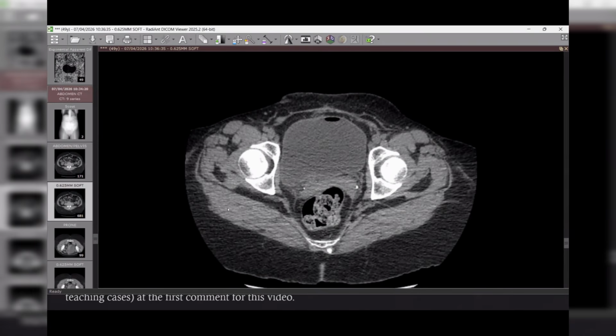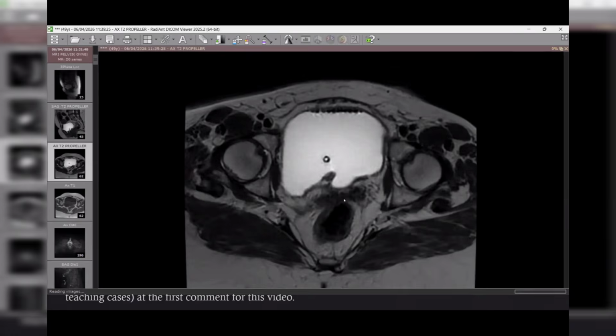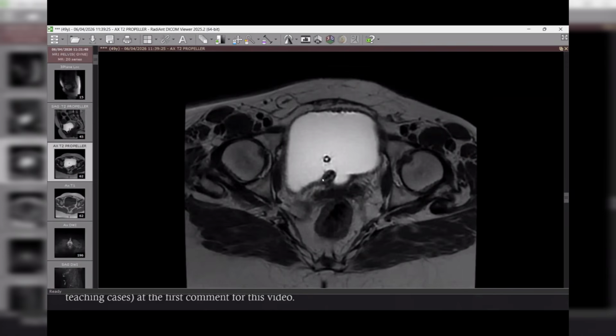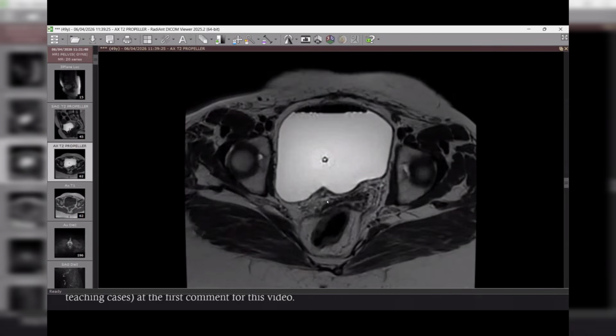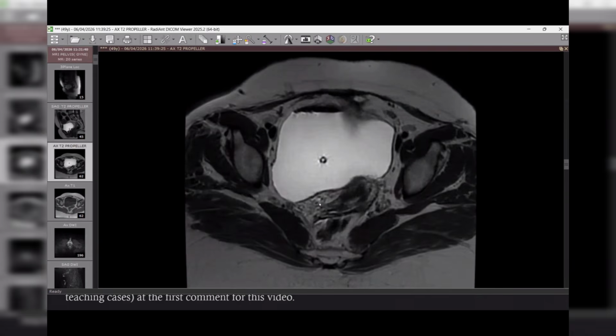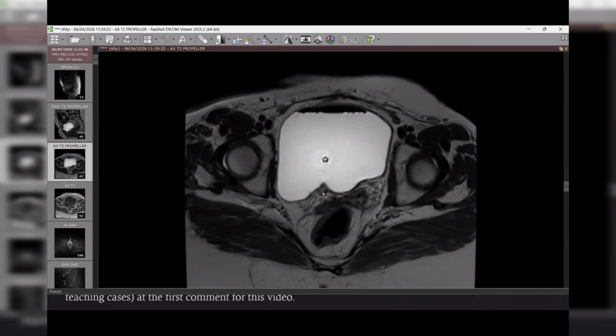When I saw this mass, it looked like a calcified mass arising from the urinary bladder, but it's very strange, dark signal. And also, if I start to trace the right ureter, the stone ends in the right ureter.